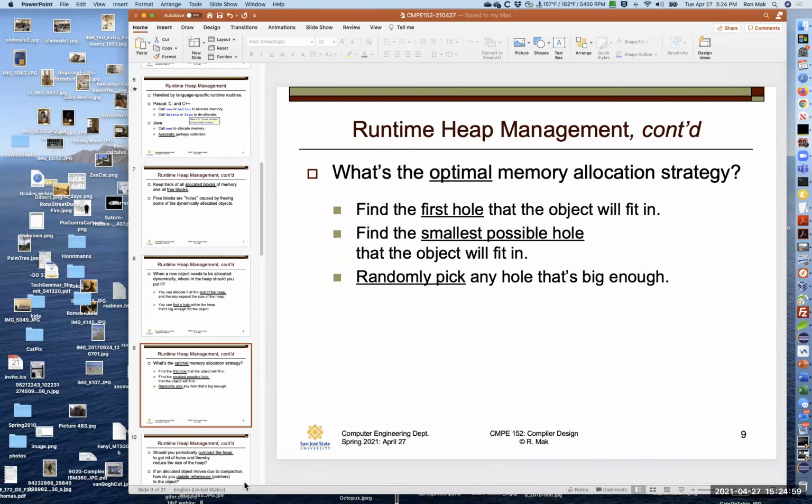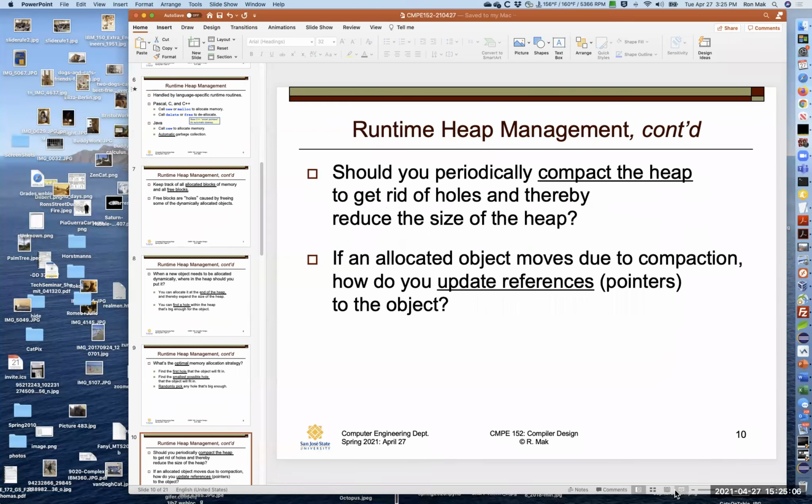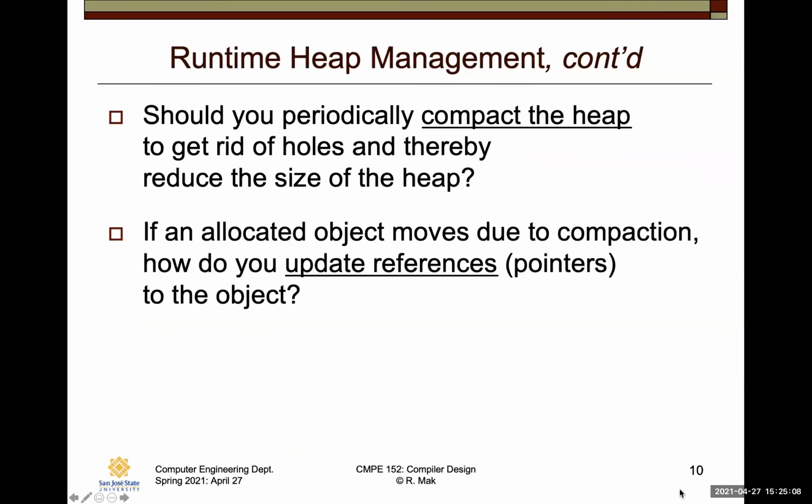The other question is, should you periodically compact the heap? After a while, your heap looks like Swiss cheese, and you've got holes everywhere, and that means that when it comes time to allocate a new object, you have to go searching for a hole.